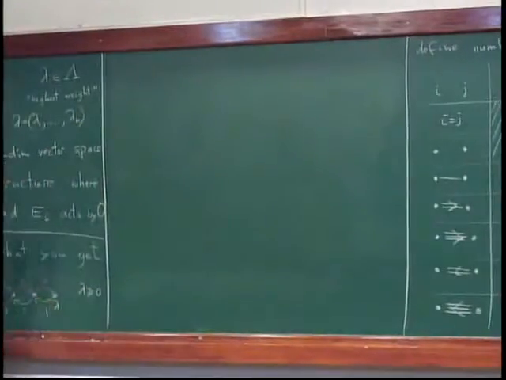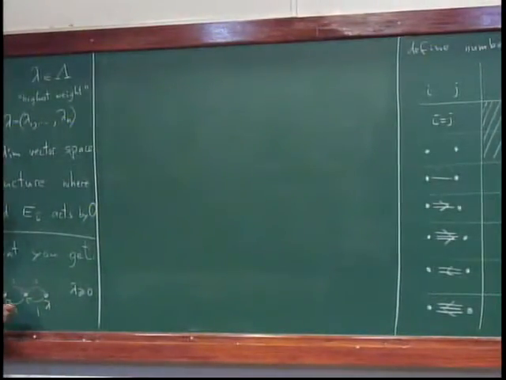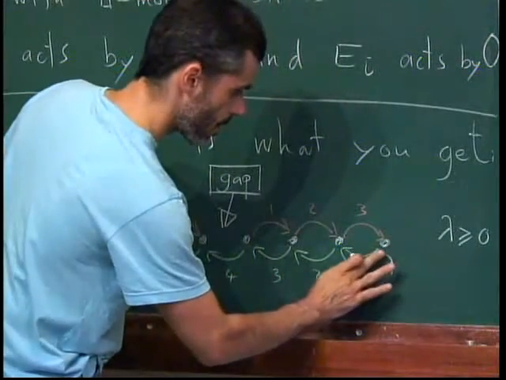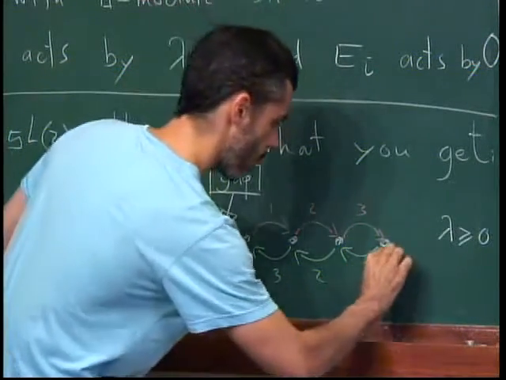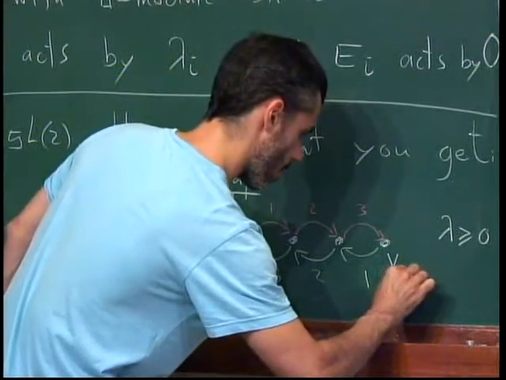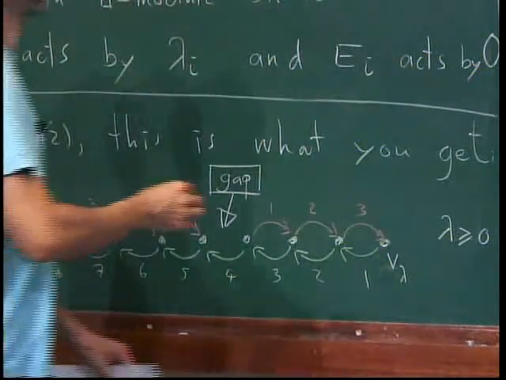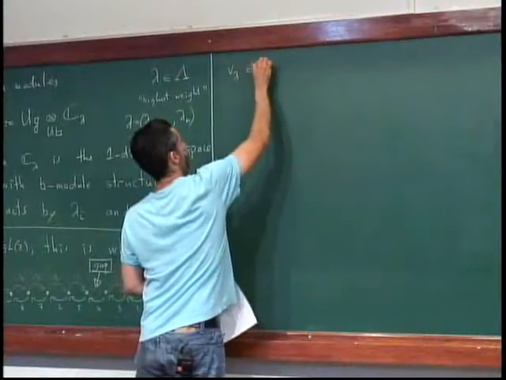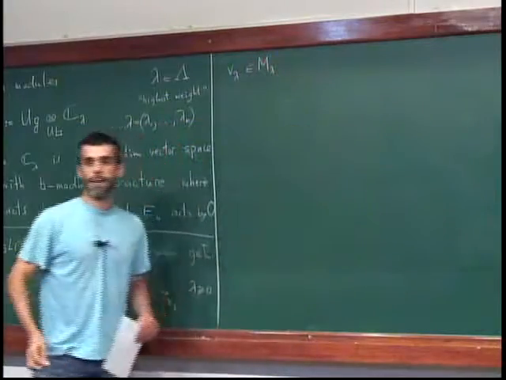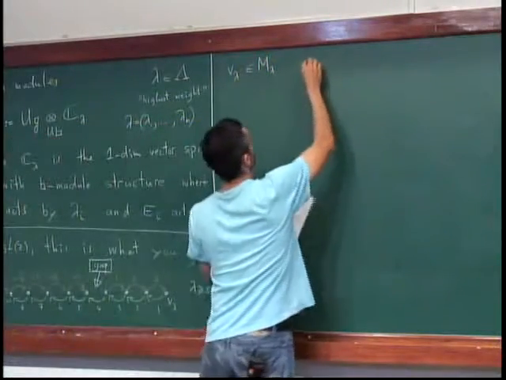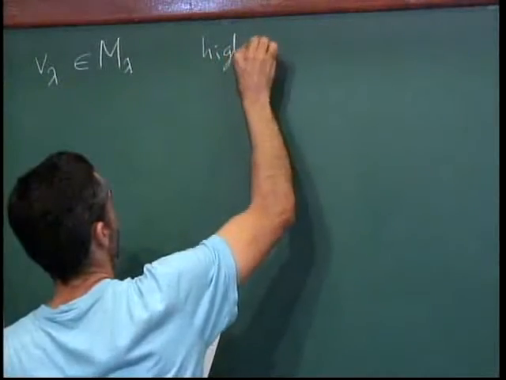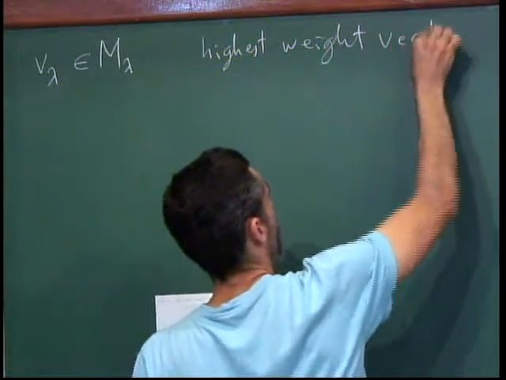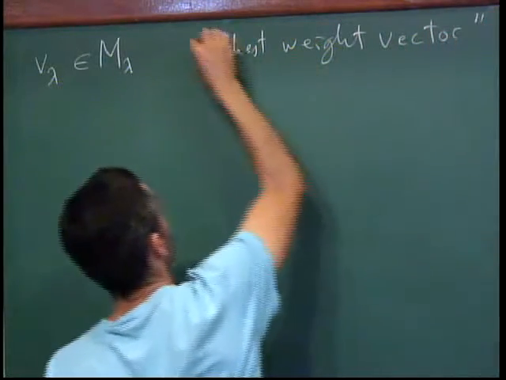If I call this vector here V lambda, it is an element of M lambda, and that's the so-called highest weight vector.